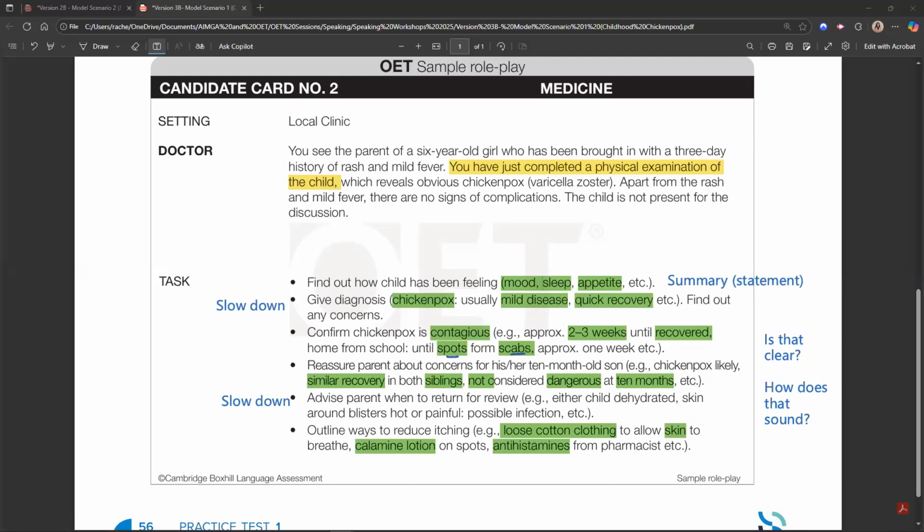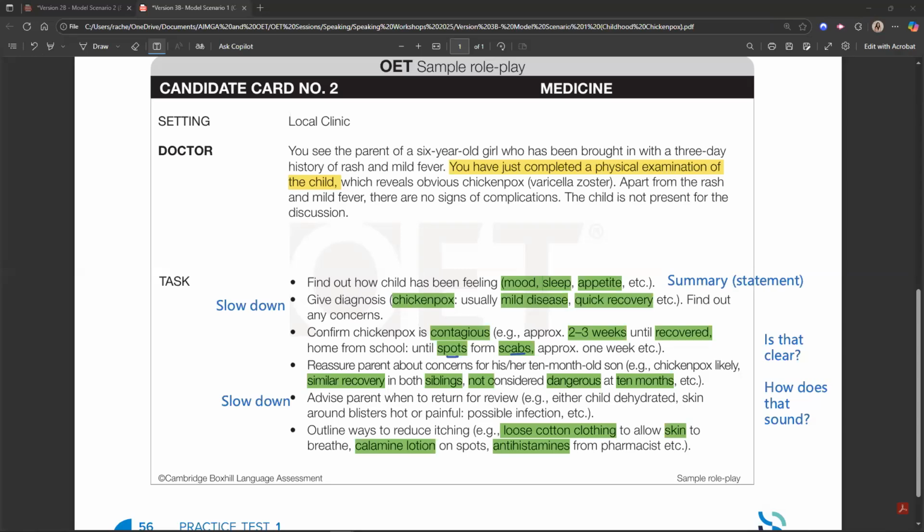How does that sound, Richard? Oh yes, that's good news if it's not as serious or as dangerous for him. In terms of the next steps, what would you advise from here? Very good question. We have to be very careful about a few things, like dehydration.